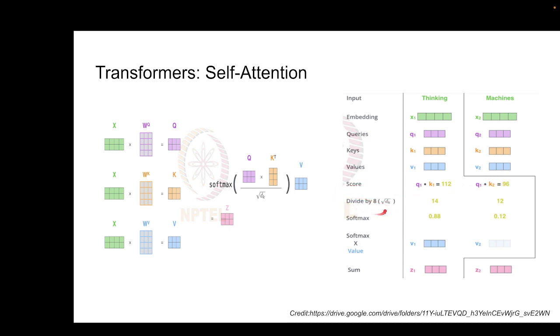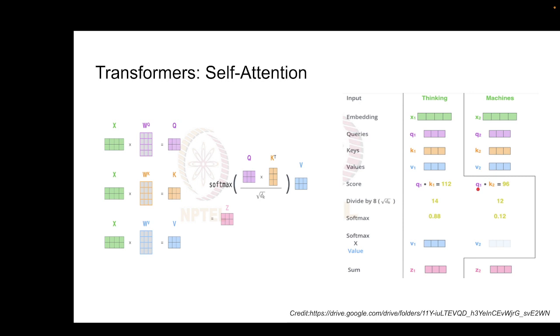Now we scale it by root over dk. The dimension of the key vectors is generally 64, so the root of that is 8, and we divide by 8. This is a scaling factor which has been shown to give very good results.